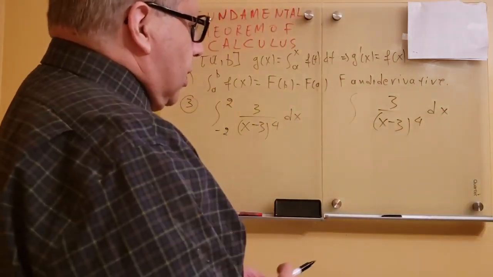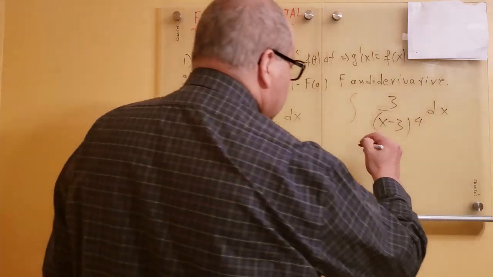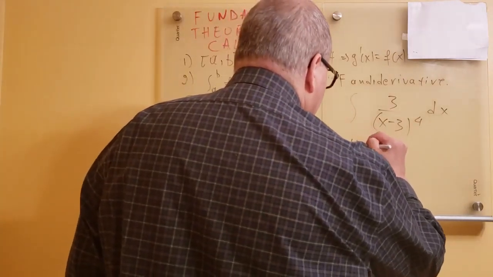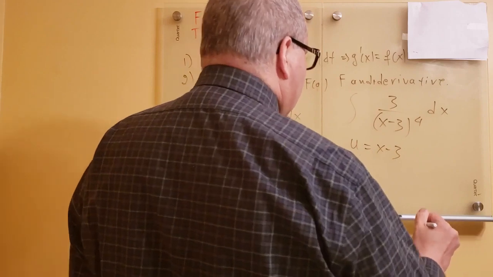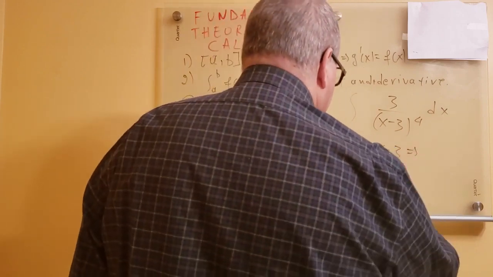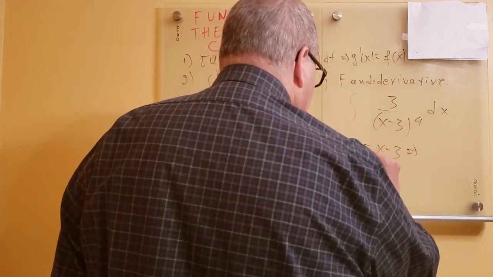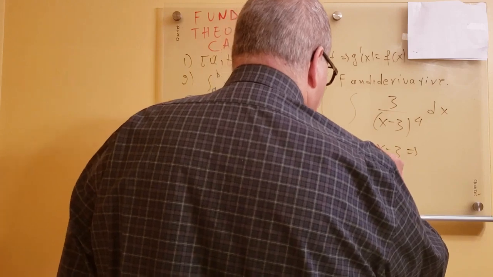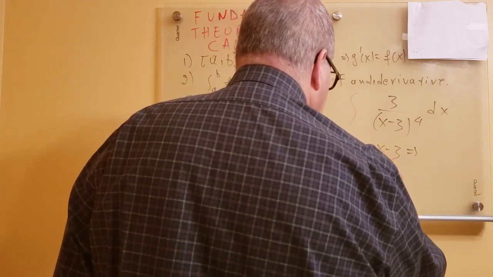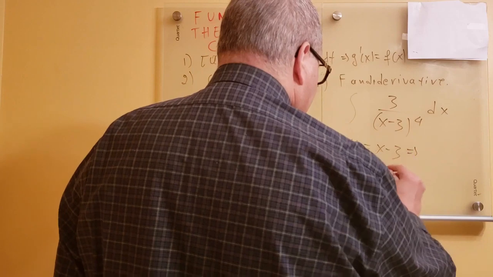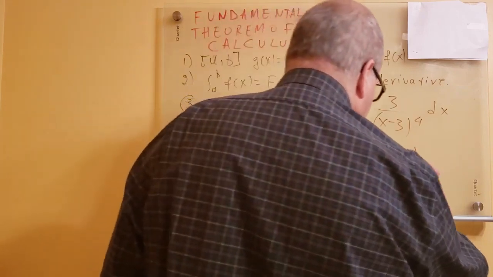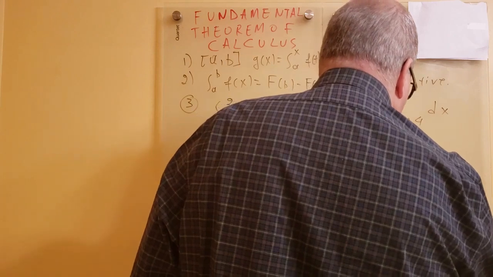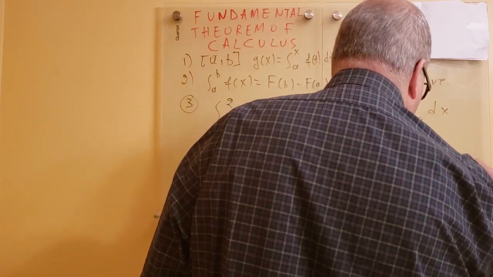Here we should substitute u equal to x minus 3. If you take the derivative du over dx, which is the derivative of this with respect to x, that should be equal with 1. So from this you get that du is equal with dx.